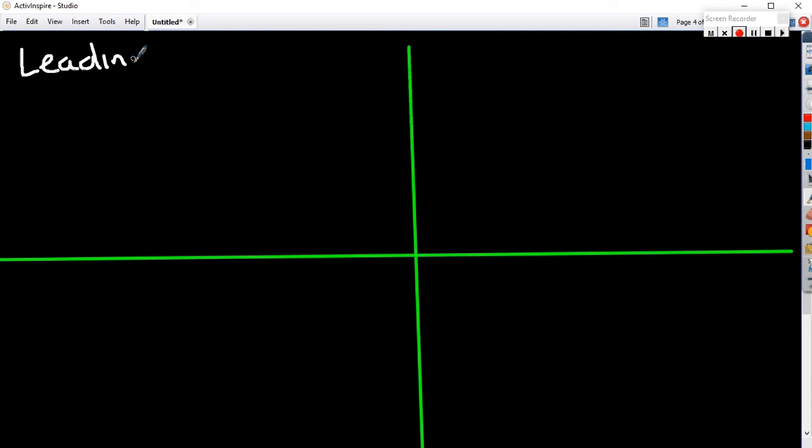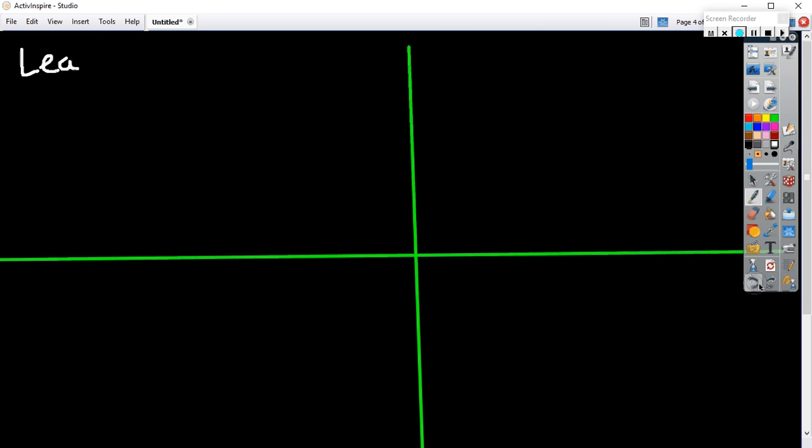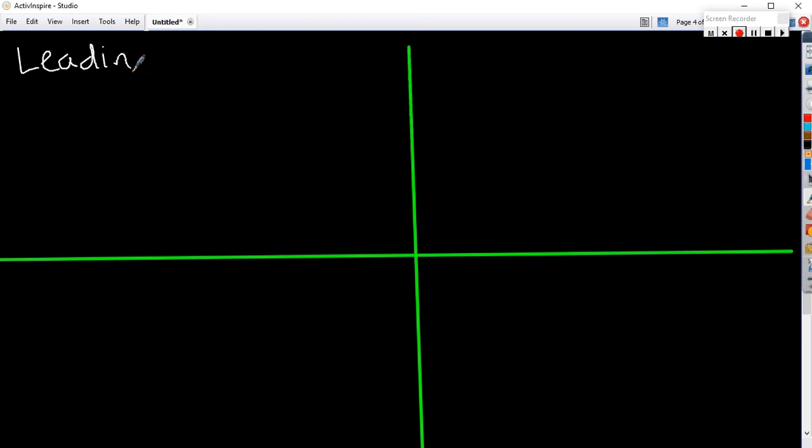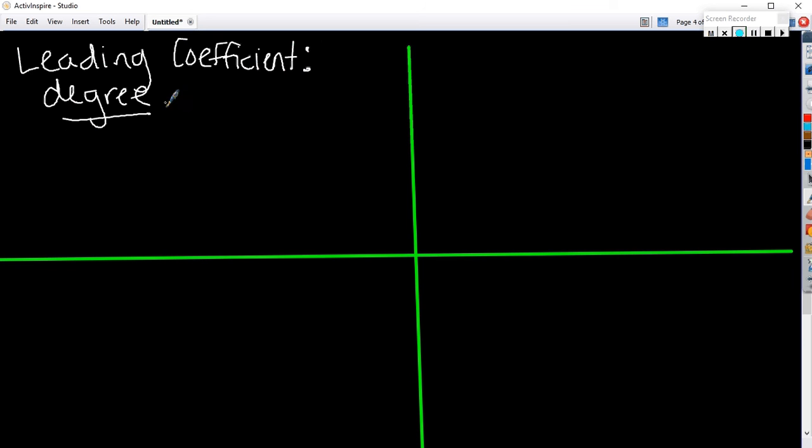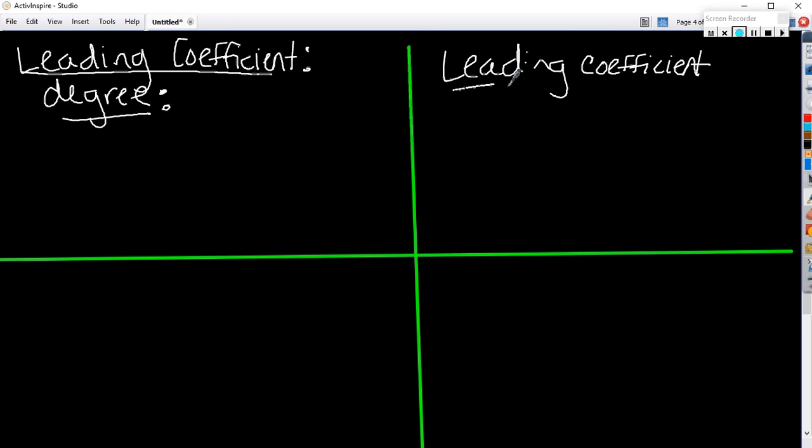Write it small, because you're going to need room to write the 2 lines of end behavior under it. So each square is going to get headed with leading coefficient and degree.